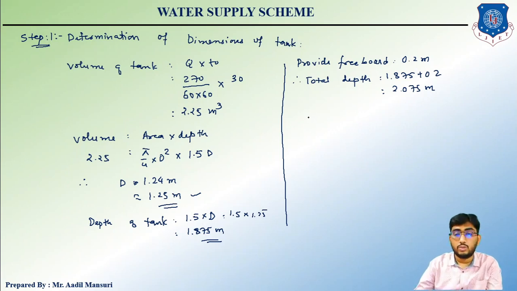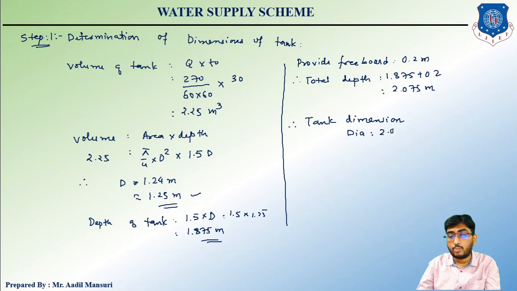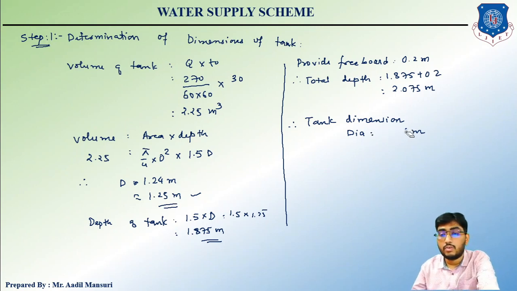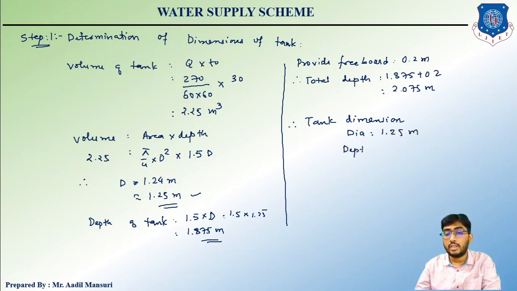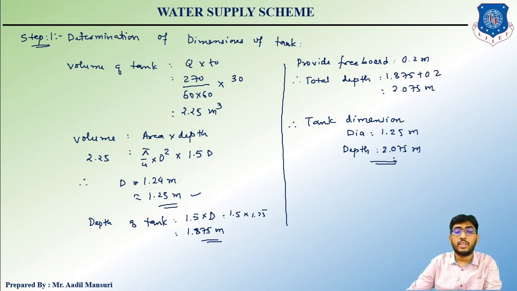So we have found out that tank dimensions will have diameter equal to 1.25 meter and depth equal to 2.075 meter. So this is step 1, which includes determination of the dimensions of tank.